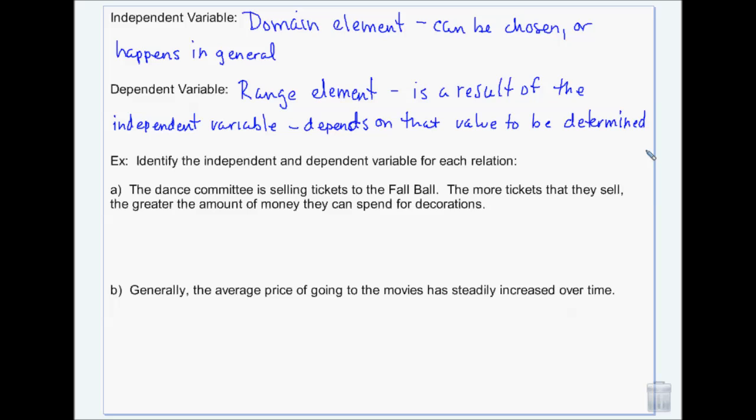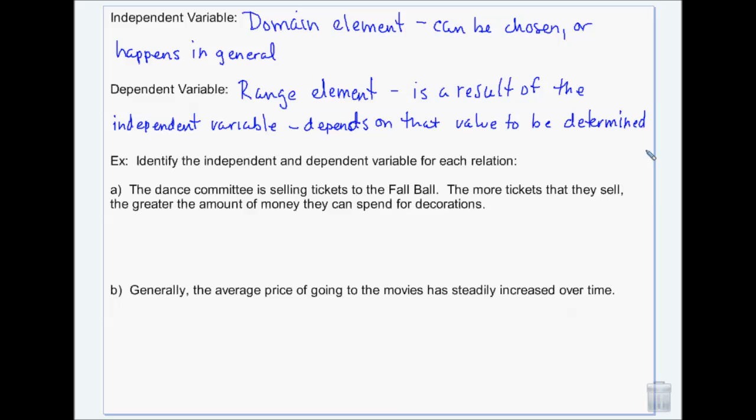Then dependent variables are a result of the independent variable. So if you're talking about the cake, the kind of cake you end up with at the end depends on what you put in the bowl to start with, right? You wouldn't put carrots and cinnamon and raisins in a bowl and expect to get chocolate cake out of the oven.